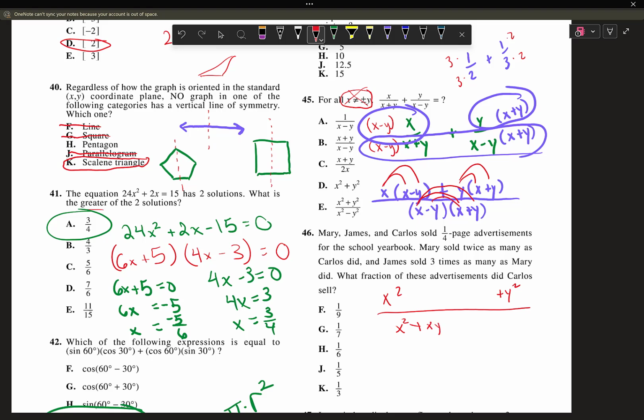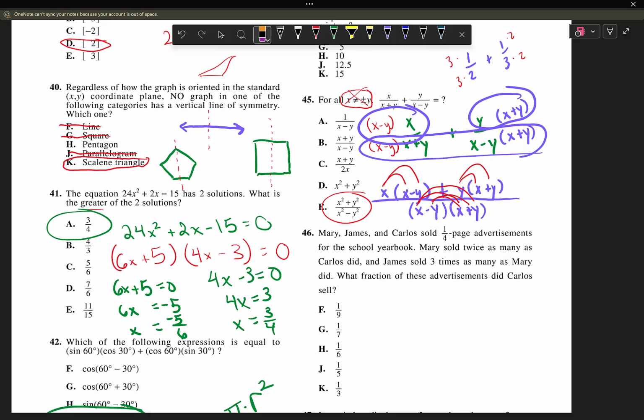Negative y times x is negative xy. Negative y times positive y is negative y squared. Again, the xy's cancel, and we're left with x squared plus y squared over x squared minus y squared.